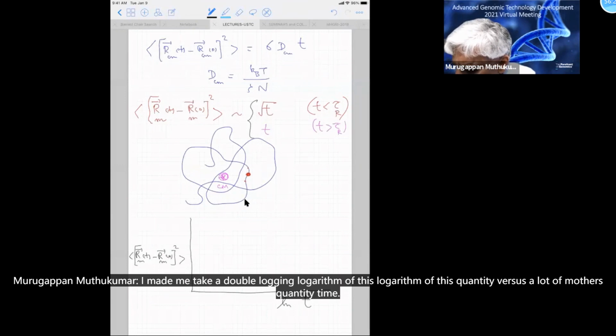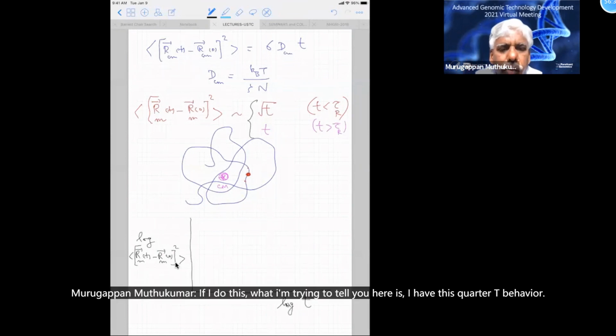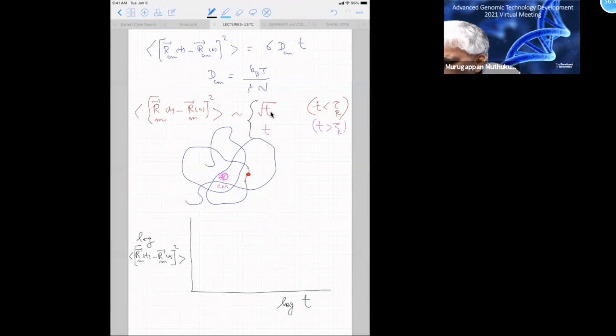Let me take a double logarithm of this quantity versus the logarithm of time. If I do this, what I'm trying to tell you is I have the square root of t behavior, so the slope is half.